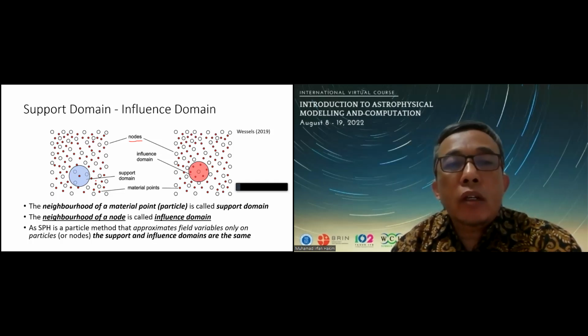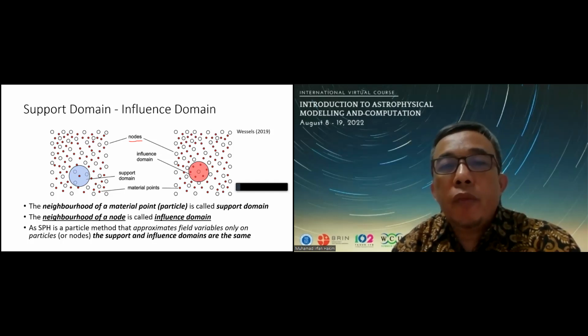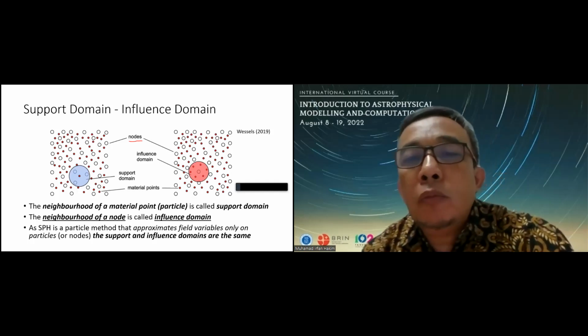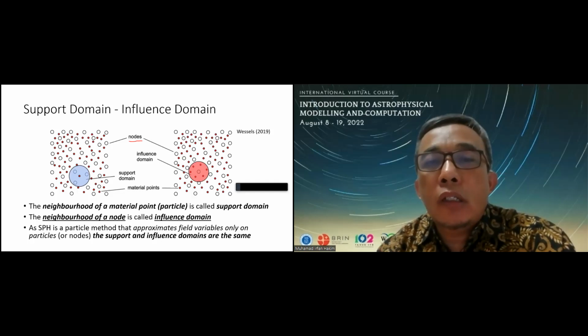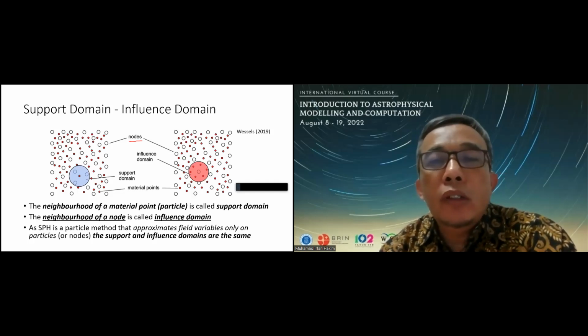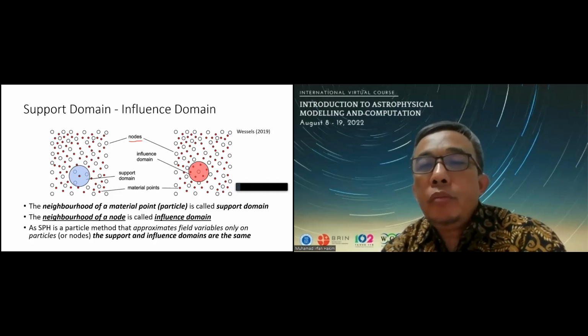We call this the support domain. If you look at a node here filled by a particle, we call this circle the influence domain.